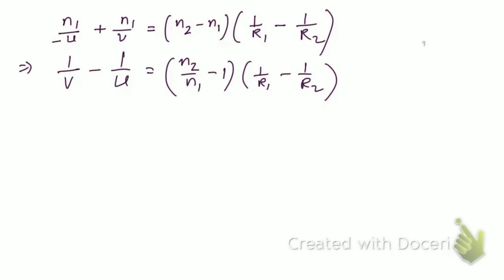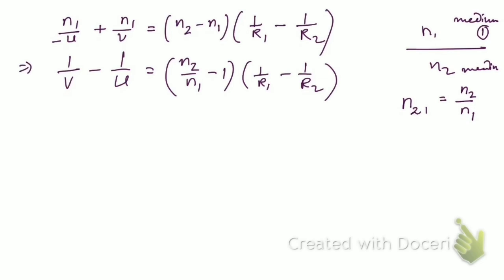Now you see, suppose we have two media, medium 1 and medium 2, of refractive index n1 and refractive index n2. Then the refractive index of medium 2 with respect to medium 1 can be obtained by the refractive index of medium 2 divided by the refractive index of medium 1.